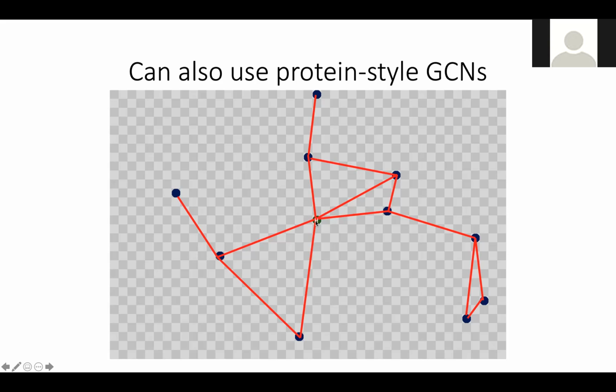You just place edges between nodes that are within a certain distance cutoff, where a node is a robot or a human or an explosion. And just learn this way, which might potentially be a more efficient representation of the data.